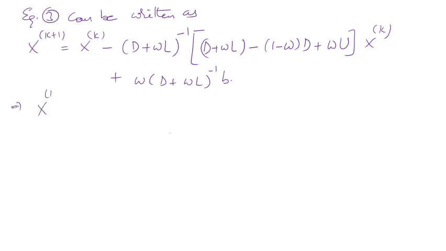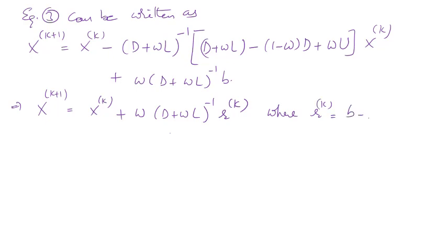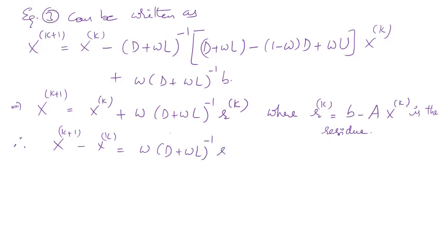This implies x k plus 1 is equal to x k plus omega into (D plus omega L) whole inverse r k, where r k is the residue, b minus A x k. Therefore we have finally x k plus 1 minus x k equal to omega into (D plus omega L) whole inverse r power k.